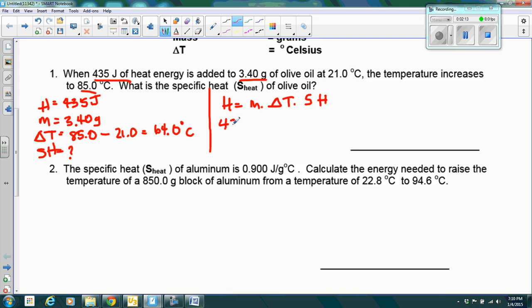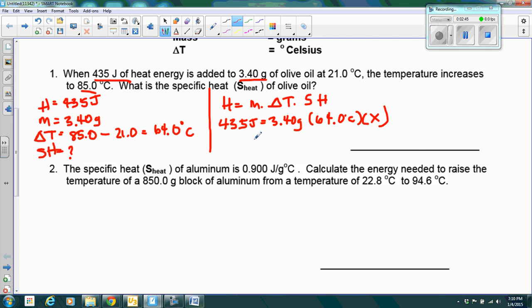I have 435 joules, my mass is 3.40 grams times the change in temperature, 64.0 degrees Celsius, times my specific heat, which is going to be my X. If I solve this properly, I will be dividing by 3.4 times 64, and so my grams and degrees Celsius will be on the bottom, which gives me my unit for specific heat.